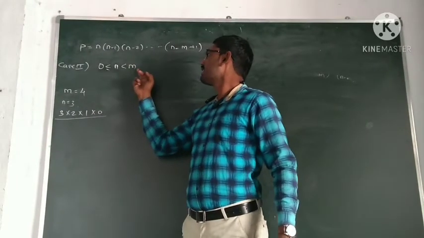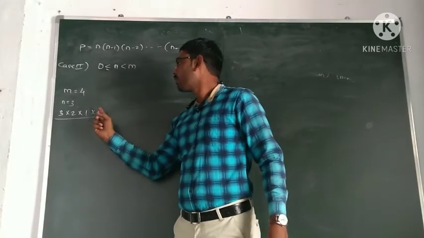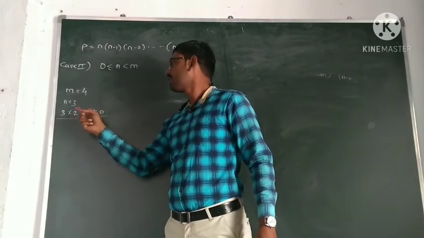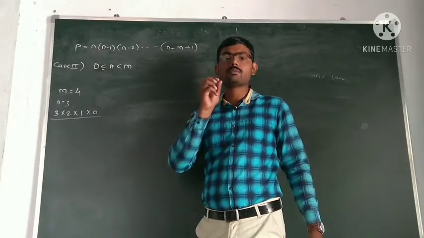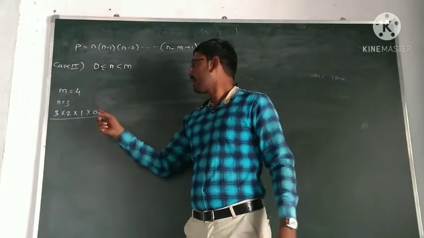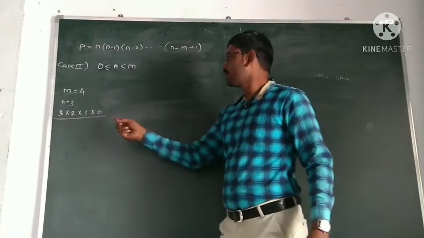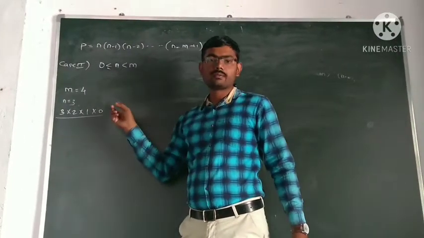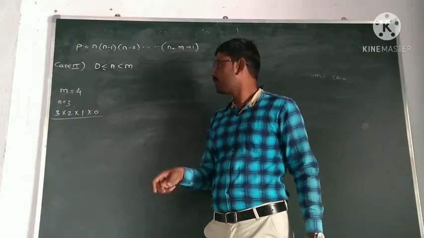Whenever n is less than m and we are taking 4 consecutive integers, one factor of the product of those 4 consecutive integers is always 0. At least one factor always equals 0. So the total product of m consecutive integers becomes 0.